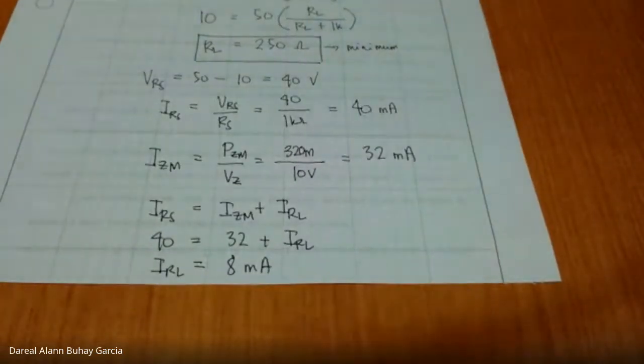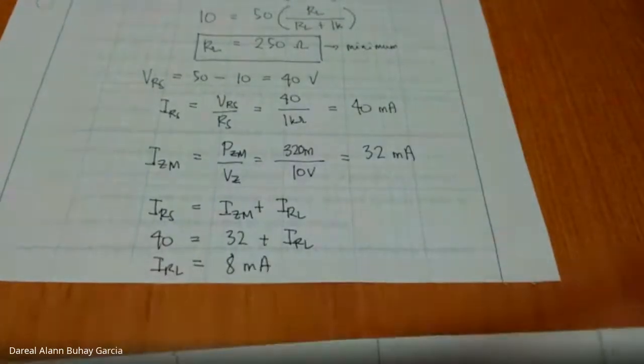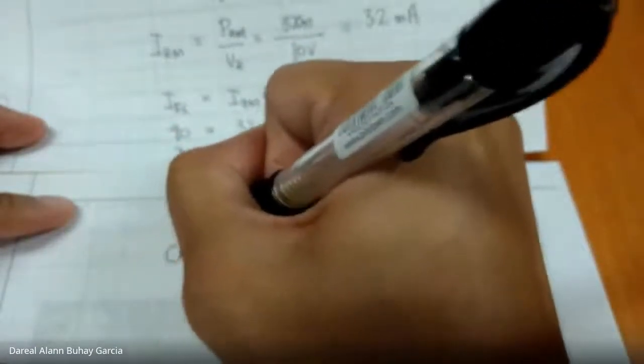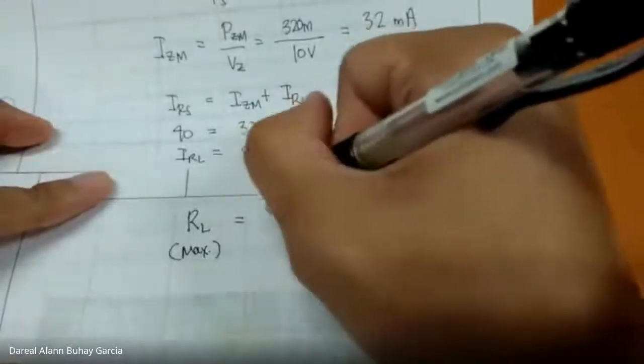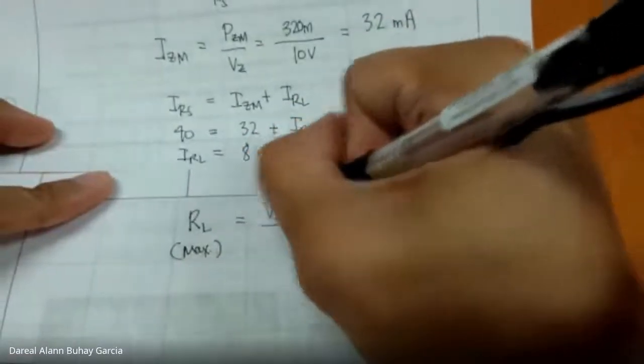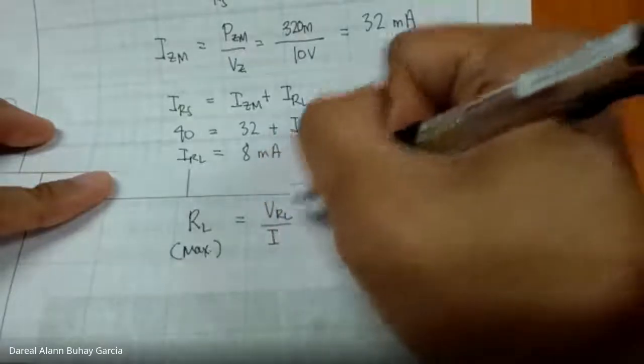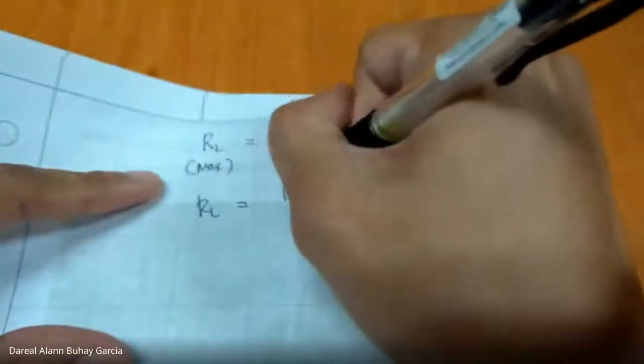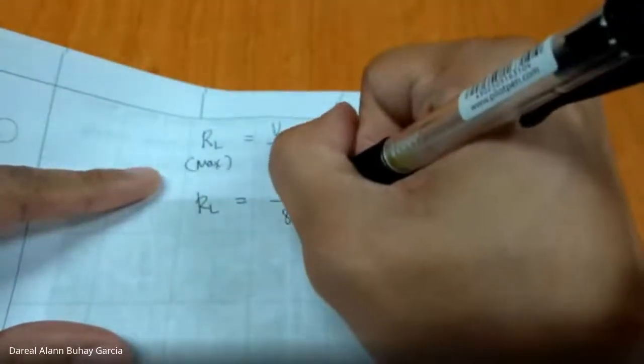what is the load resistance? Ohm's law again. RL max is equal to VRL over IRL max. VRL, again, is regulated at 10 volts, and IRL is 8 milliamperes.